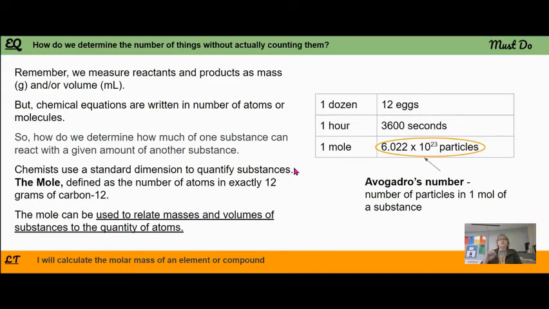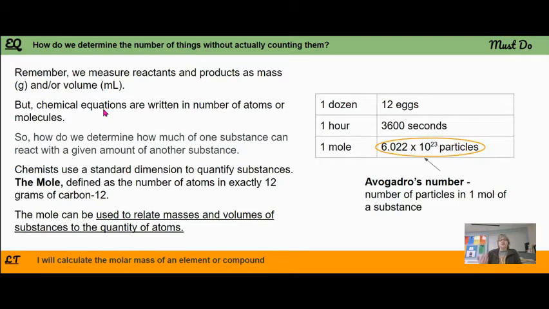Remember, we measure reactants and products as mass in grams and or volume in milliliters, right? Those were the two things that we used outside of just individual things. But chemical equations are written in numbers of atoms and molecules, right? H2O, 2 hydrogens, 1 oxygen.